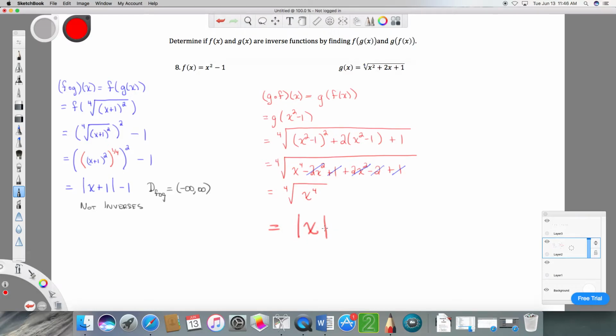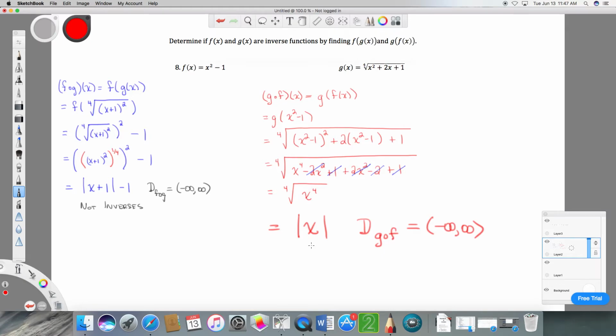So maybe I can drop these absolute value symbols. We need to think about what the domain of g composed with f is. But it doesn't take us very long to recognize that this is all real numbers, because we just got done determining that the domain of f was all real numbers and the domain of g was all real numbers. There's no restrictions placed on either one of these functions.